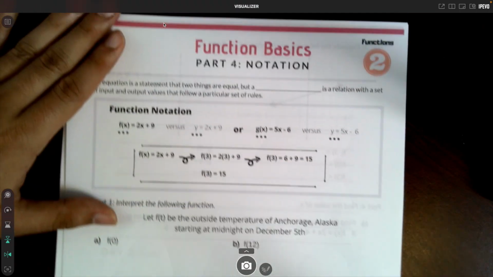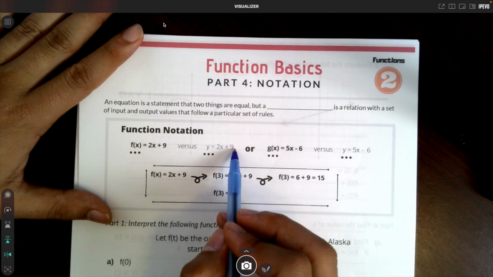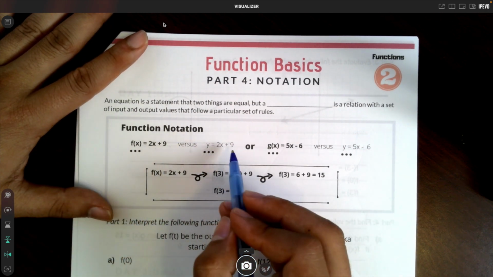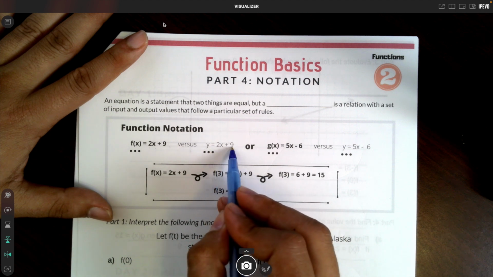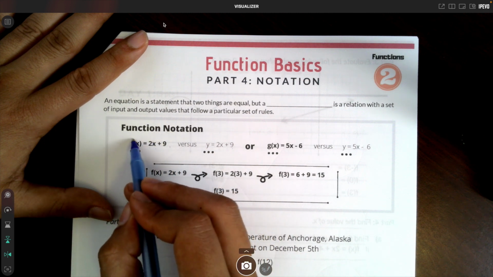But you have to be able to identify when something's a function. And there's a very simple way of identifying when something's a function. Essentially, it's an equation, but it just has a different format. So let me explain function notation versus an equation. This is 2x plus 9. This is also 2x plus 9. What's the difference? The only difference is this has f of x.